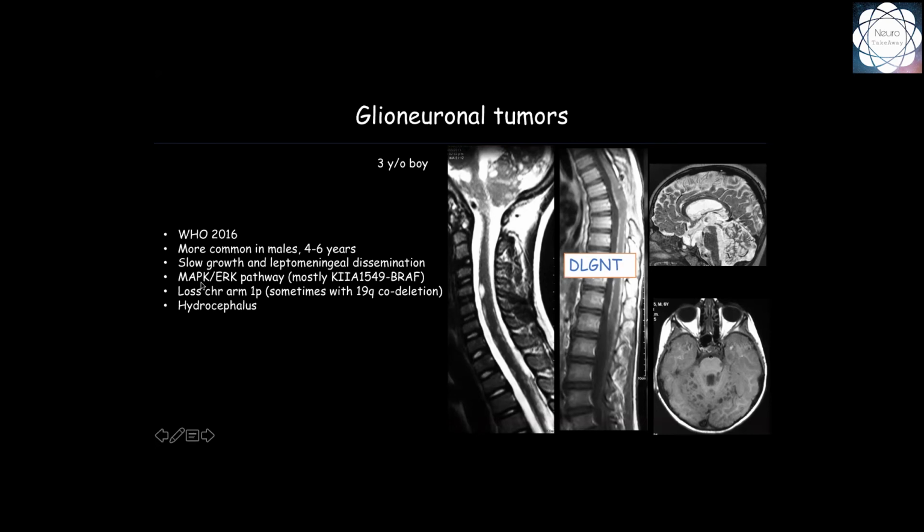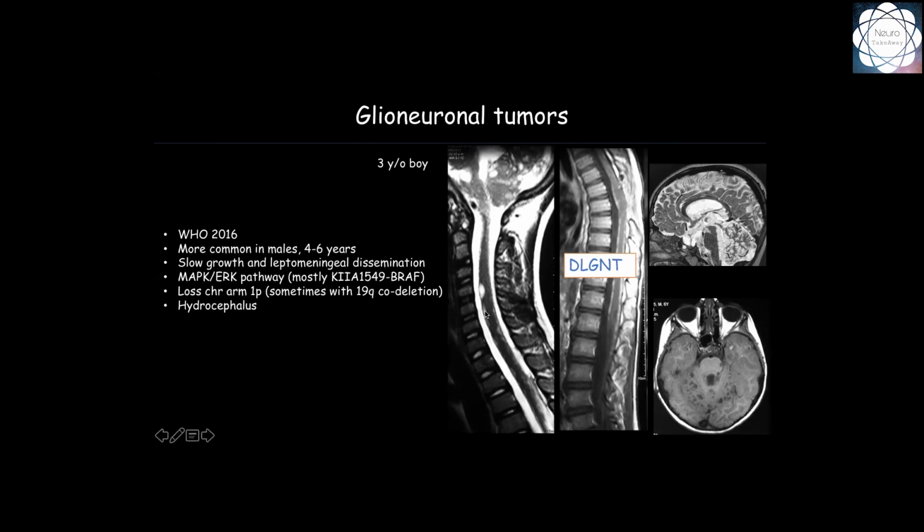Sometimes it is associated with a MAPK or ERK pathway alteration. Sometimes it has the co-deletion of 1p19q, and very frequently it is associated with hydrocephalus. That's why in our environment in South America, we have to differentiate this from tuberculosis.